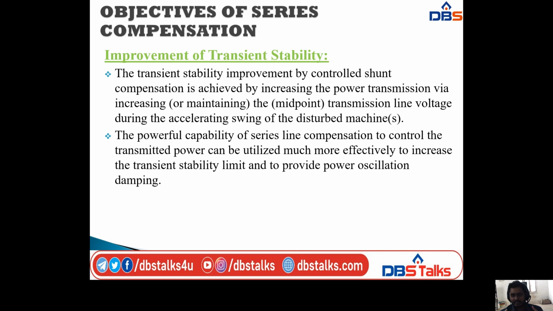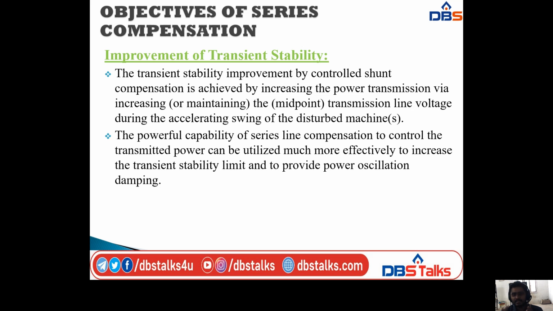In this class, we are going to discuss transient stability, which is the ability of the system to return to a stable state when a large disturbance occurs. Large disturbance means a sudden change in the load or switching operations.